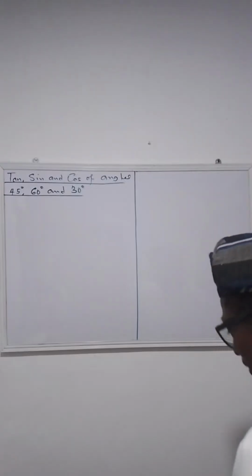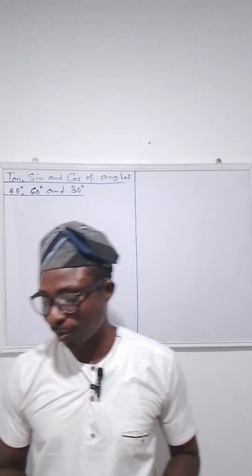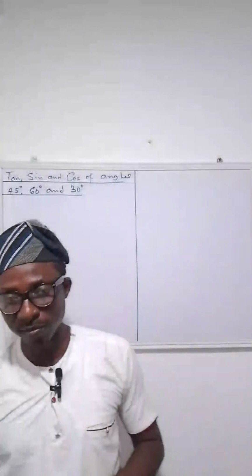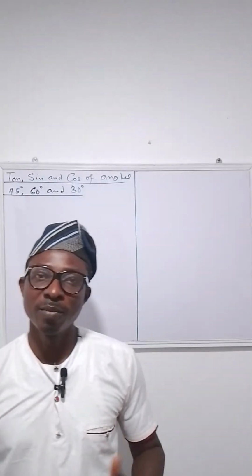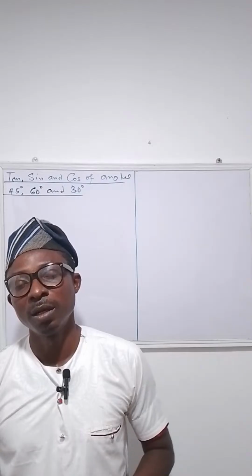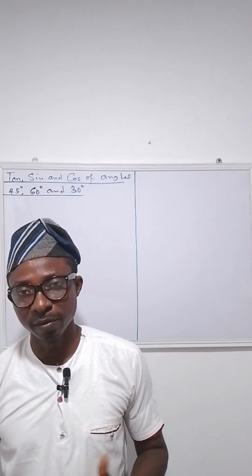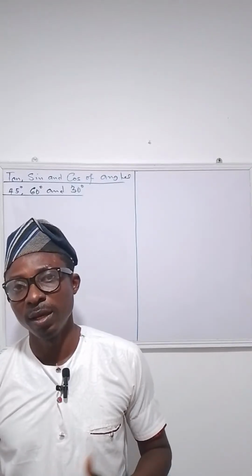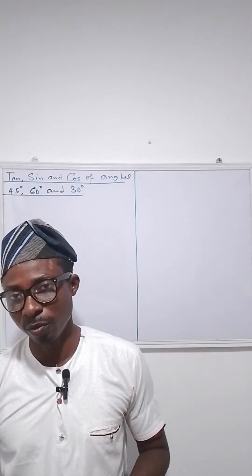Now let us review what we did the last time, and from there we move down to what we have for today. The last time we looked at some problems under triangles, how to solve the sides of a given triangle. We learned how to make use of Pythagoras theorem to solve our problem.